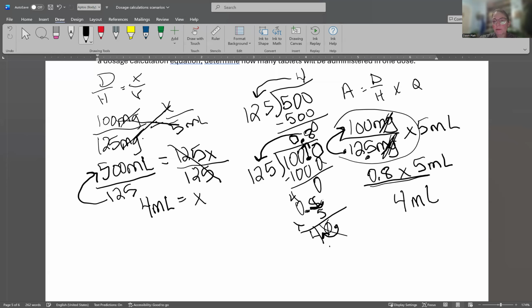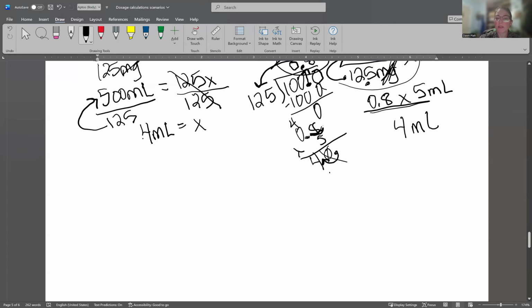Let's talk about what we covered in the previous video, a preceding 0. Right here, this is a preceding 0. That's a 0 that must go in front of a number that's less than 1. Anytime that you have what we call a trailing 0, you don't add it. A trailing 0 is a 0 at the end of a whole number.